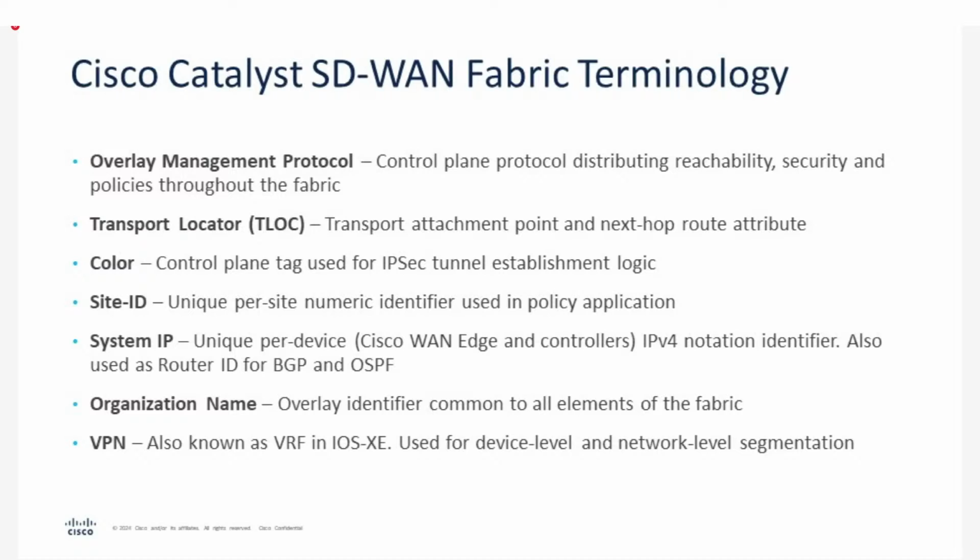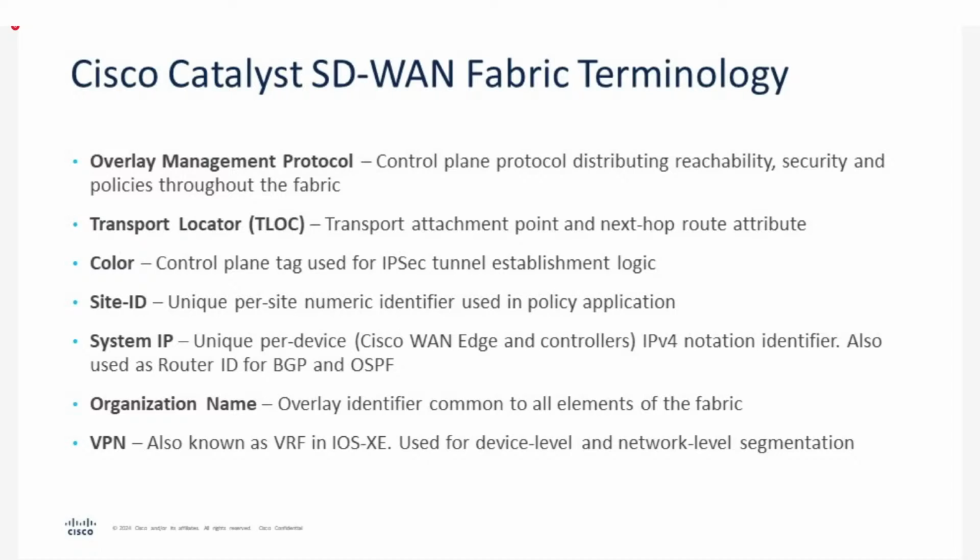Next, we have our system IP address. Each edge router or Catalyst controller is assigned a system IP address. This is mainly to identify the physical system independent of any interface addresses.